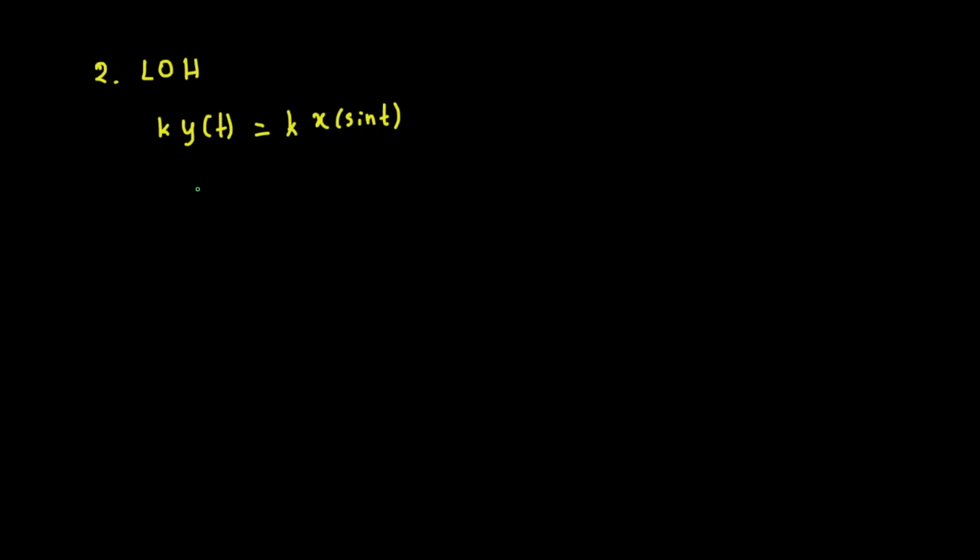Then you take your input. Our input is x of t, so k times x of t, and feed it to the system, and the system changes whatever the time is into sine t. So after feeding the system, we end up having kx of sine t.